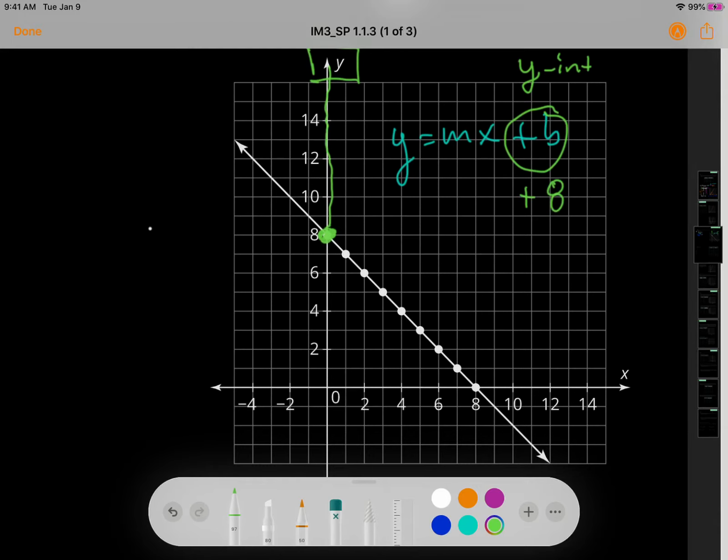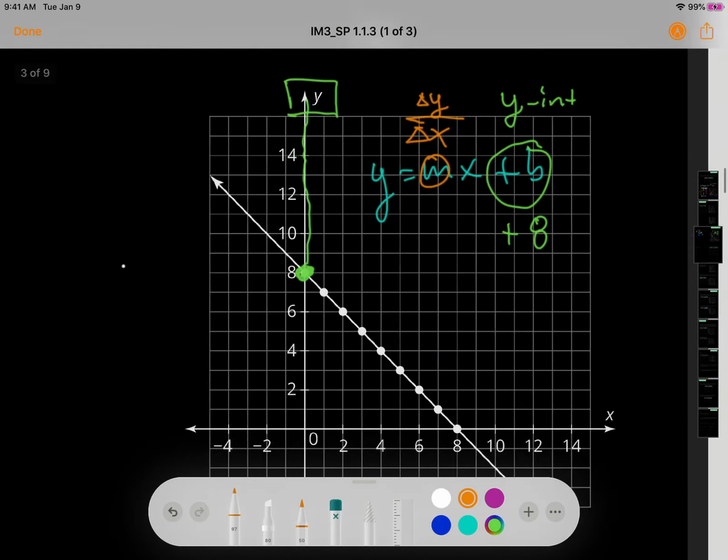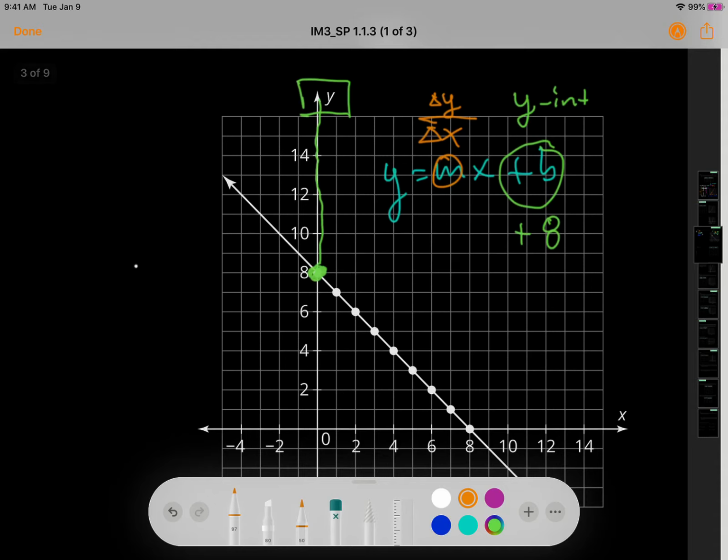Now let's figure out slope. Slope, we said, was the change in the y's over the change in the x's. So what you can do is you can just remember the y coordinates are going up and down. So another way of saying this is rise over run.